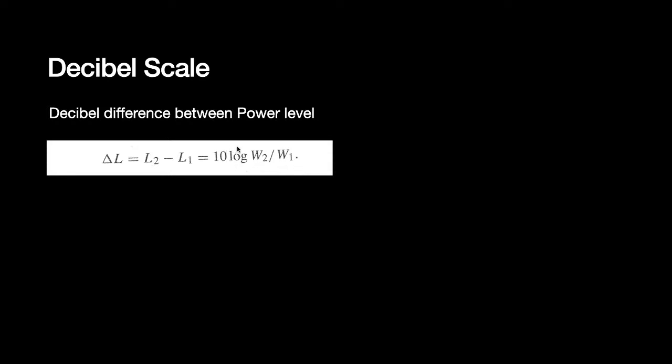Here the logarithm is to the base 10. So do remember, it's not written. Normally if it is log, it is assumed to be of base 10. If it is ln, then it is assumed to be of base e.